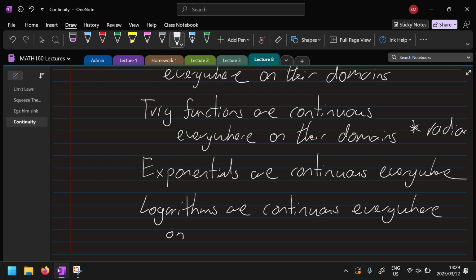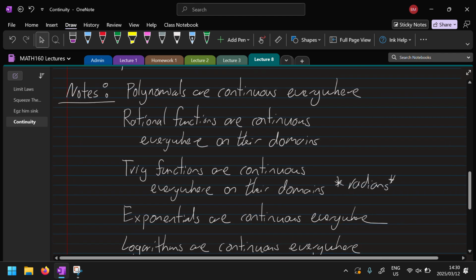But, you know, logarithms have that problem with negative values and 0. So when we say logarithms and their domains, that's from 0 onwards. 0 and negative values have a problem there.